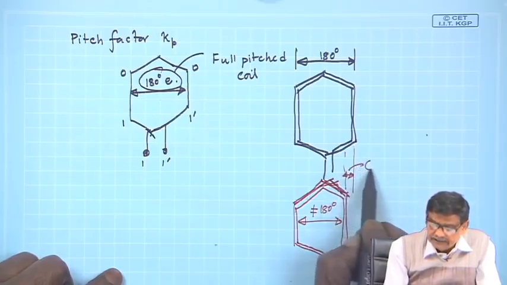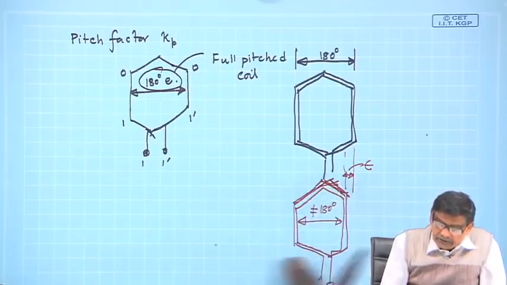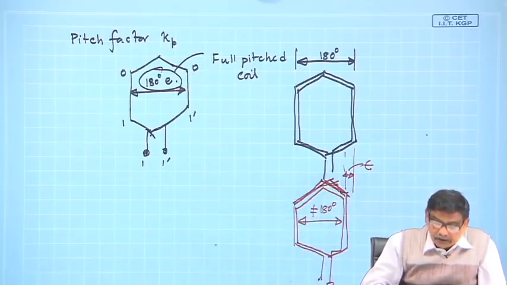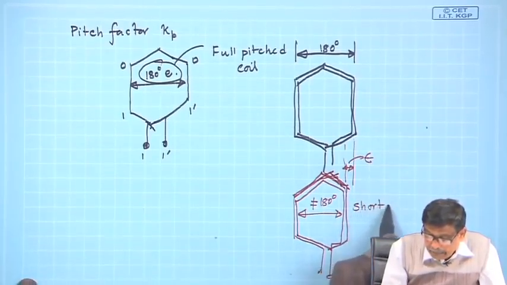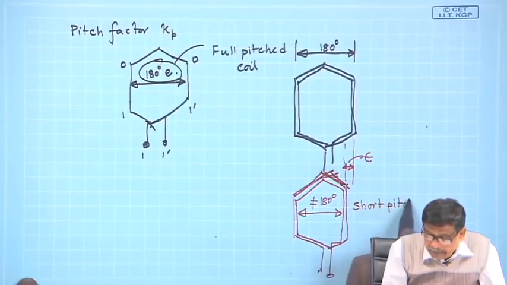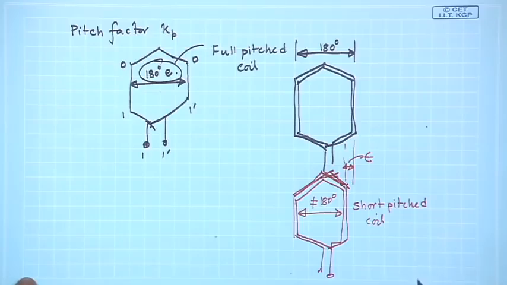and this angle I will denote by epsilon, and then this coil is called not a full pitched coil, but a short pitched coil. And by what amount it is short pitched?